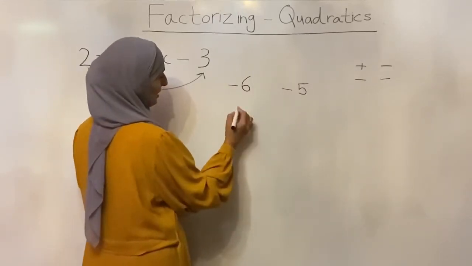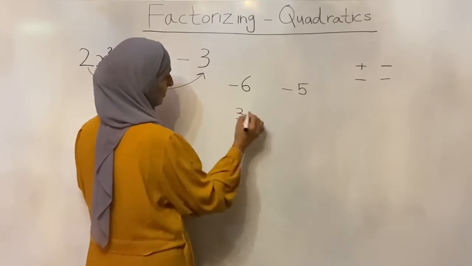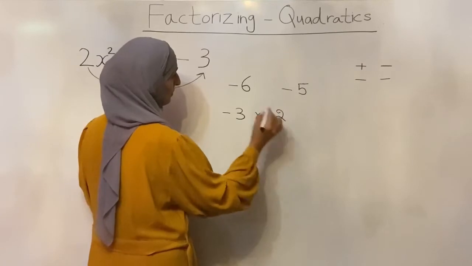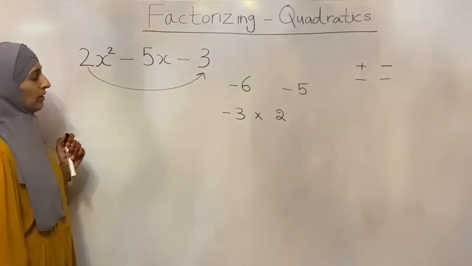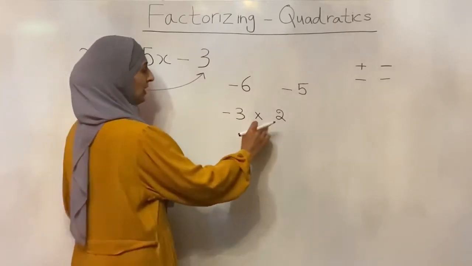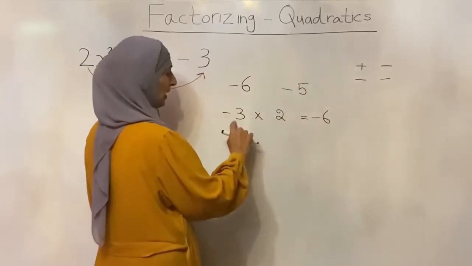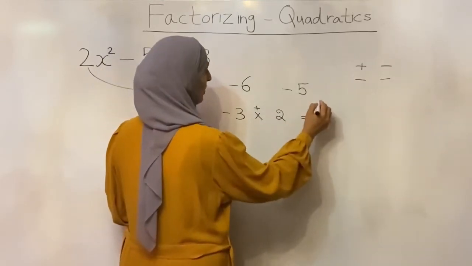If I write 3 times 2, that will be minus 6, but if you add them together, the answer will be minus 1.